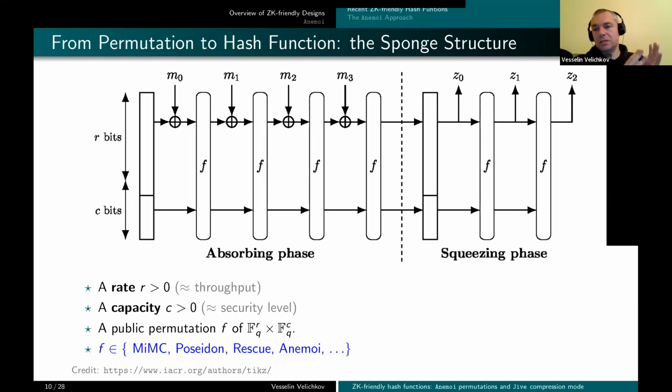So that was the alternative way to design a hash function. And then the sponge was proposed, and now it seems like the dominant strategy for designing hashes. So maybe 99% actually use the sponge.